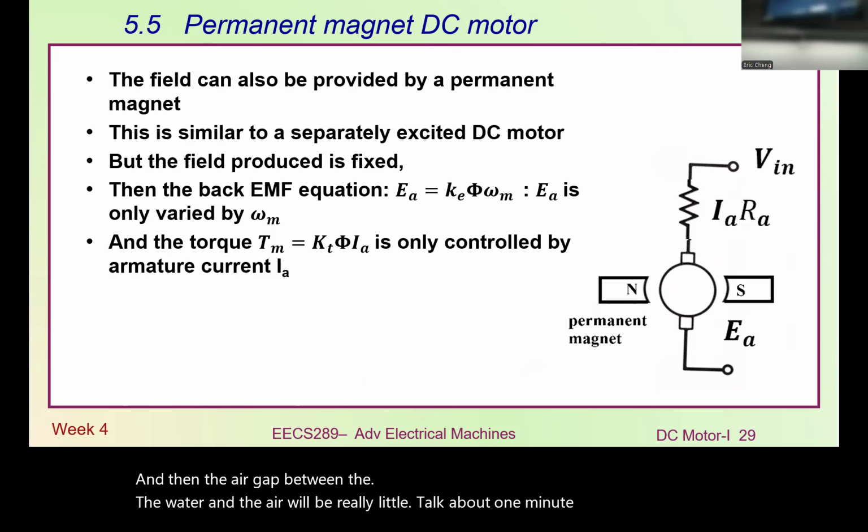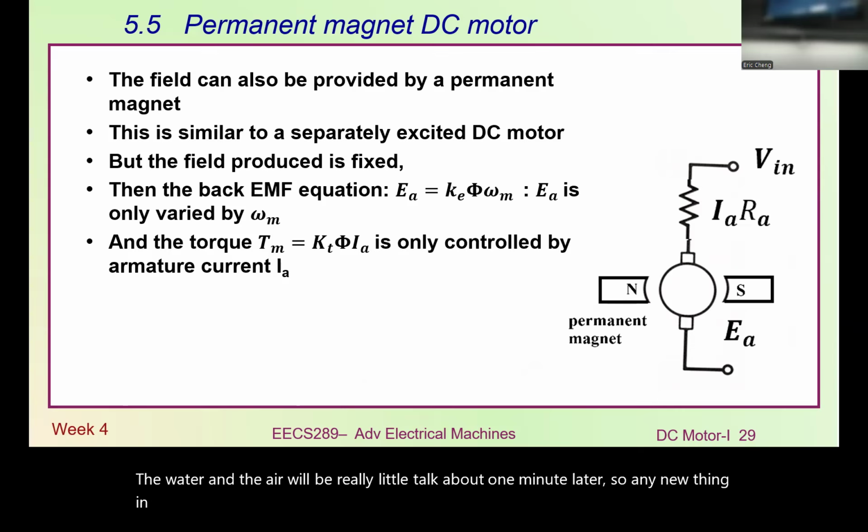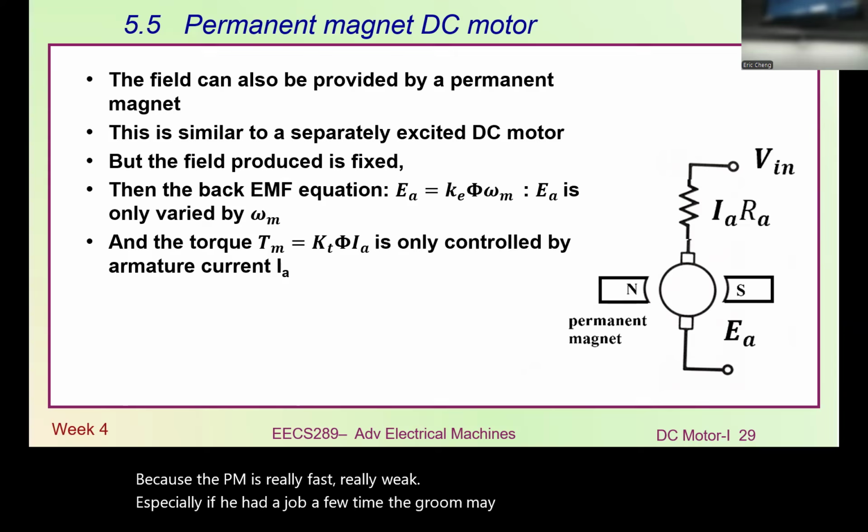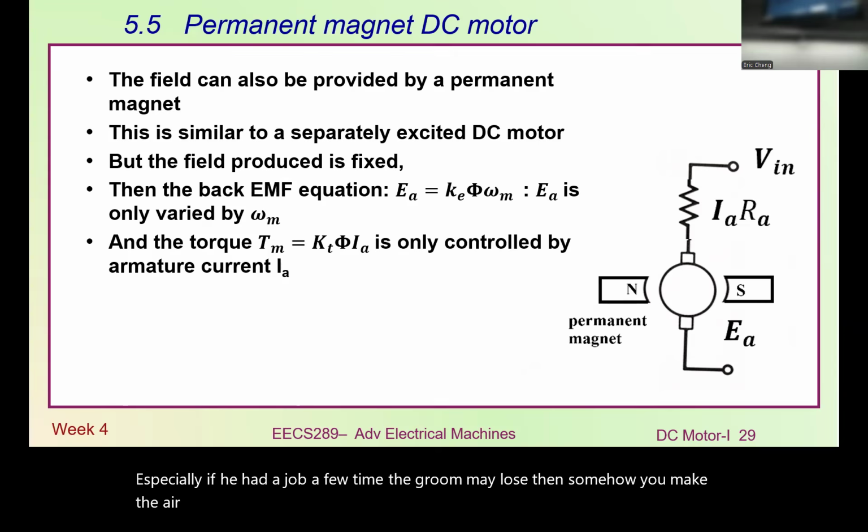So any loosening of the PM will cause a collision, break the whole motor, crash. So don't think PM motors are so good, because the PM is really, really weak. Especially if you drop the PM a few times, the glue may loosen, then somehow that air gap will become a big problem.